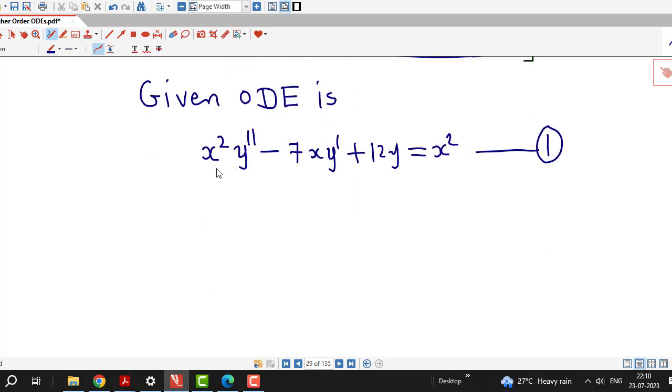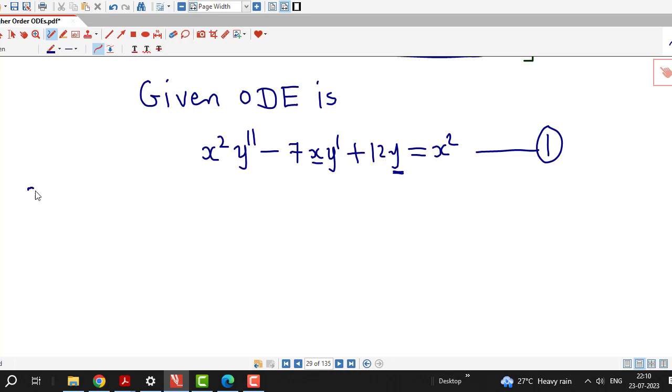Now if you observe, the power of x is 2 and x square is multiplied with the second order derivative. Similarly, the power of x is 1 here and it is multiplied with the first order derivative. Here there is no x, that means the power of x is 0, and we have y multiplied with that x raised to 0, that is the 0th derivative.